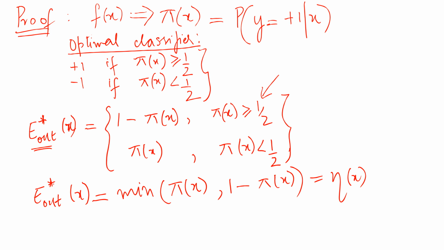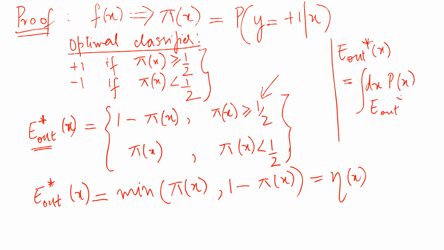And the way we denote that, and let me maybe write it here, is that my optimal error is the average. So basically it's going to be the integral of d of x, p of x, E out star of x, right? So this is the same line.